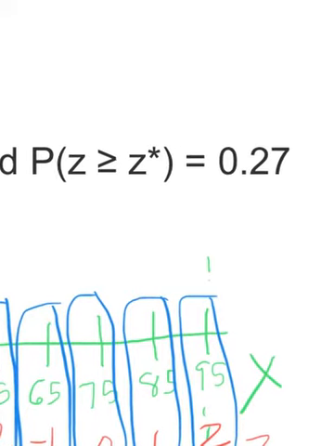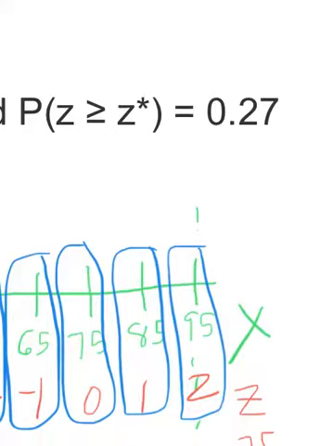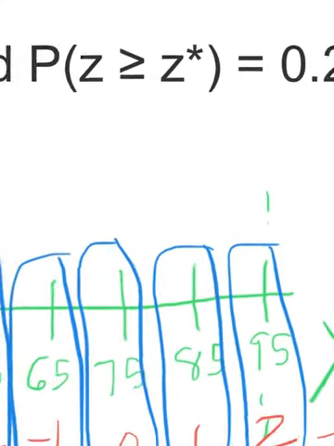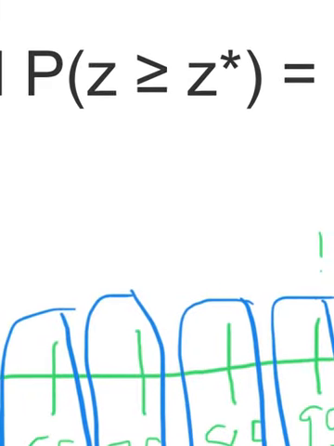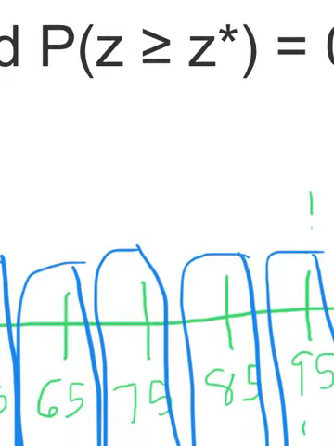It wants to know what's the probability that a letter is greater than or equal to the letter with an asterisk. Often, hopefully you won't have to repeat this course, but if you did, you might take it with somebody else who has better writing.